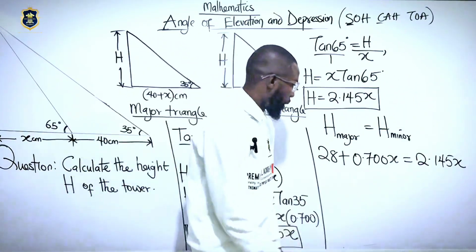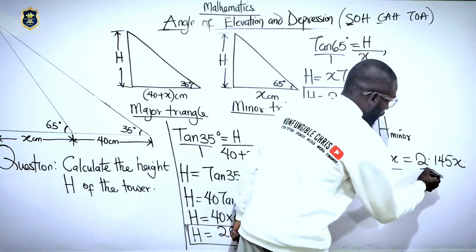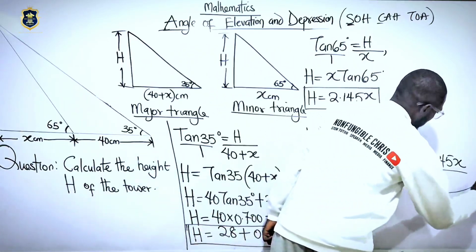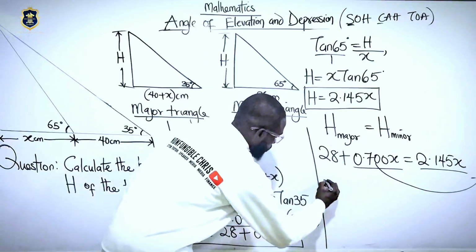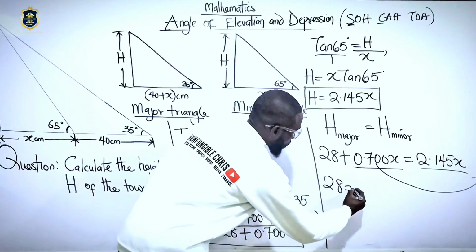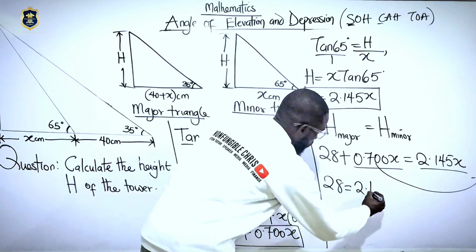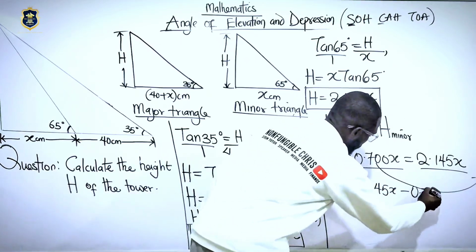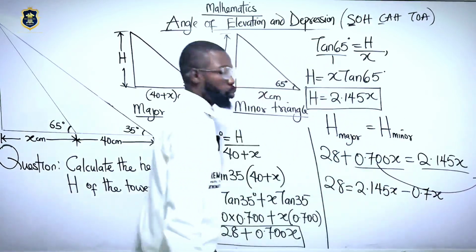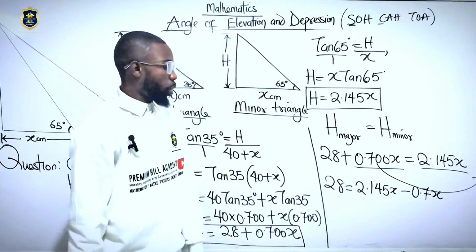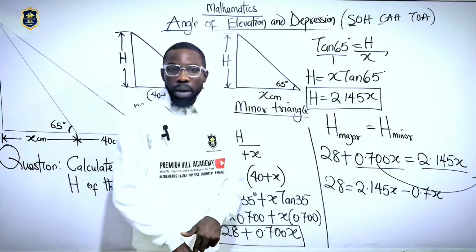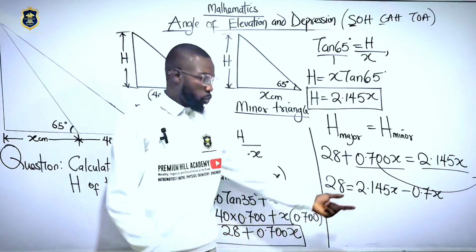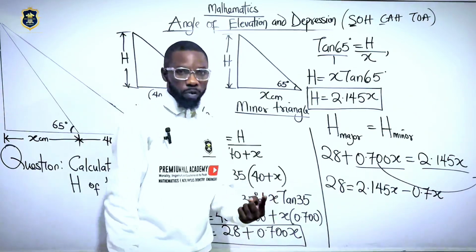Since this one has x and this one has x, I'm going to collect like terms. I'll move this here, I can have minus. So I'm going to have 28 is equal to 2.145x minus 0.7x. So using your calculator, 2.145 minus 0.700, what do we have? We're going to have 1.445.